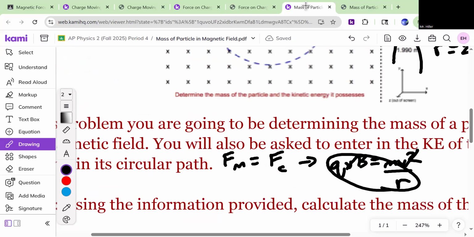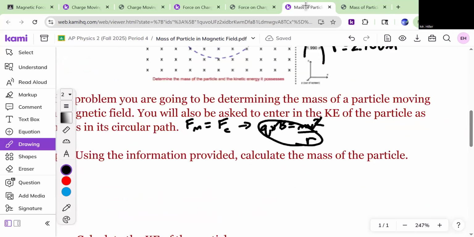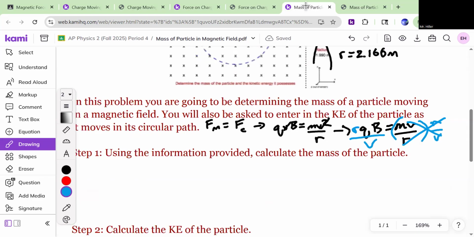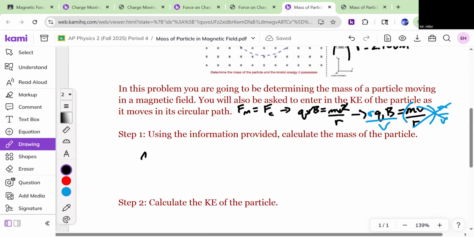Actually, I want to solve for the mass, so I get Q times B equals mv over r. I want to multiply both sides by r over v, and that will give me the mass of the particle. So it's going to be RQB over V.